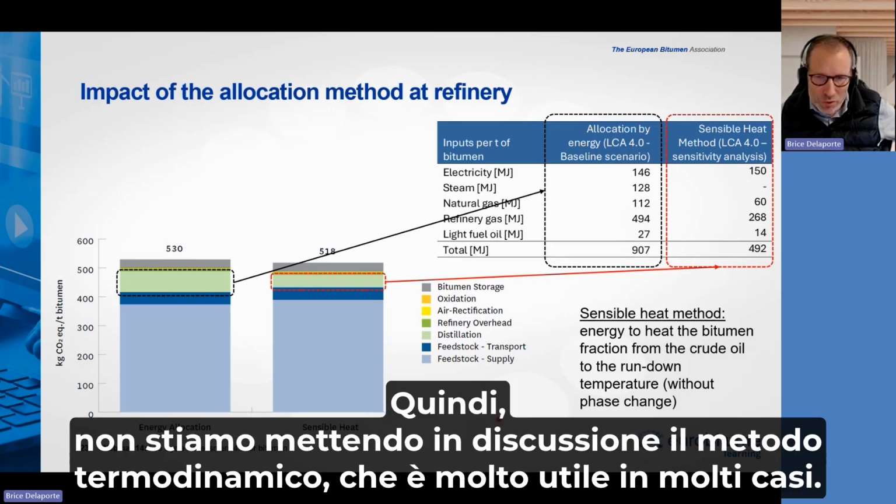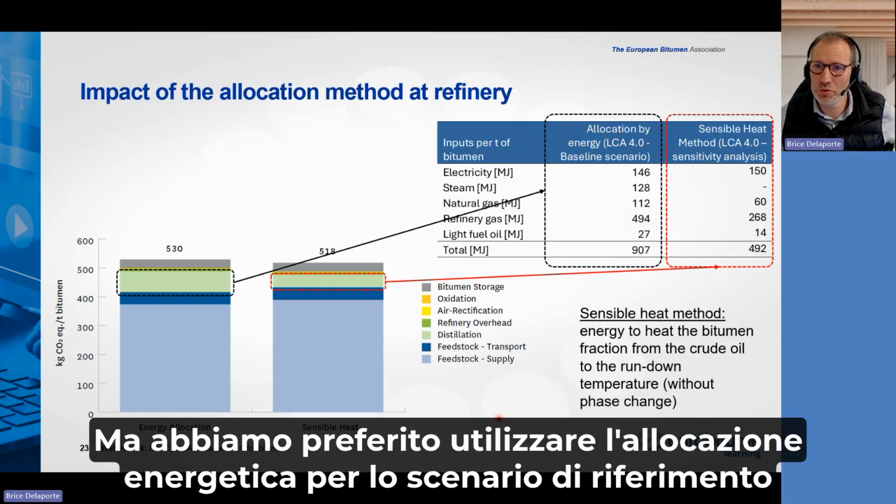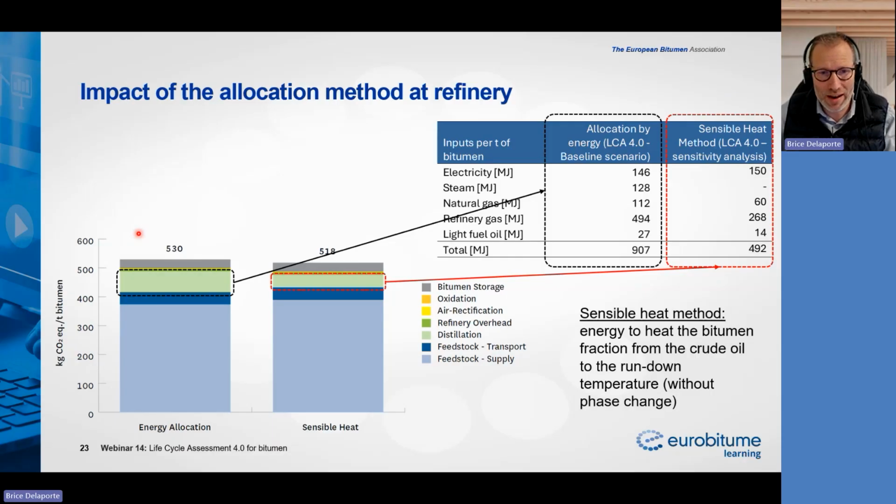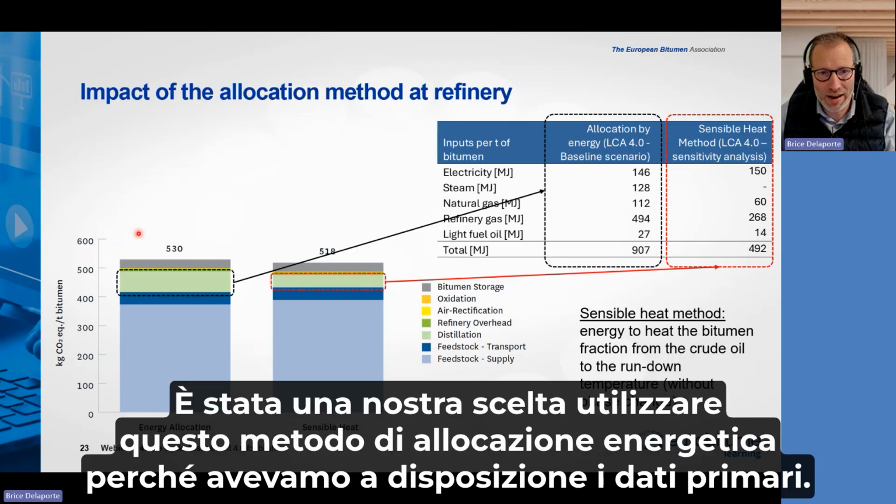So, well, we are not questioning the sensible heat method, which is very helpful in many cases, but we preferred to use the allocation by energy for the baseline scenario because we typically have the primary data, and it was our choice to use this allocation method by energy because we had primary data available.